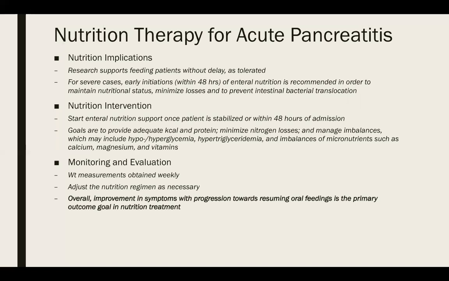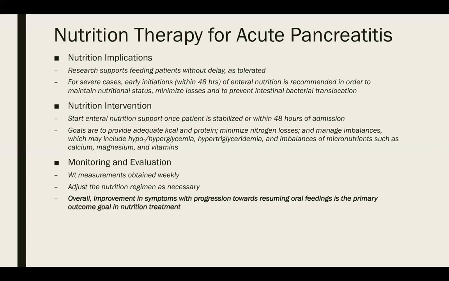All right, now to move on to nutrition therapy for acute pancreatitis. Nutrition implications. Research supports feeding patients without delay as tolerated. For severe cases, early initiation within 48 hours of enteral nutrition is recommended in order to maintain nutritional status, minimize losses, and to prevent intestinal bacteria translocation. Nutrition intervention. Start enteral nutrition support once patient is stabilized or within 48 hours of admission, as mentioned above.